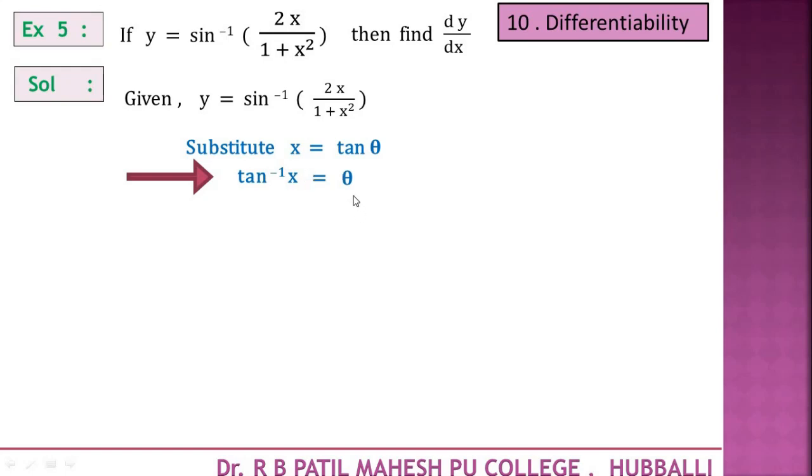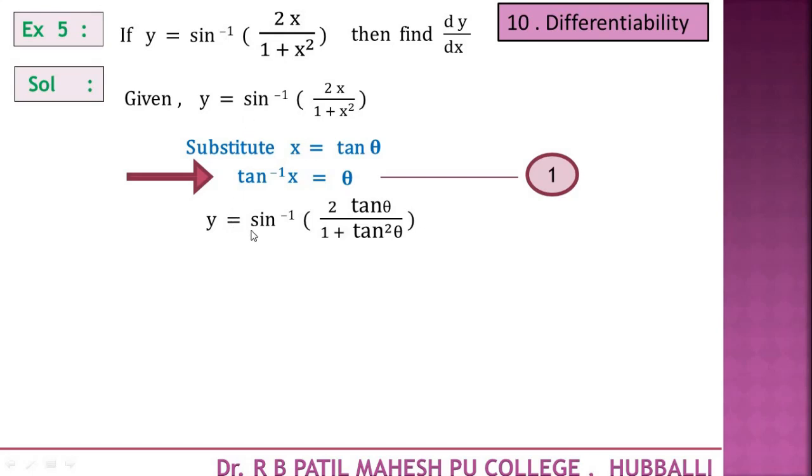This is required, you consider this as equation 1. At the end we have to replace this, so remember equation 1. Now let me replace in the given function. Therefore y becomes sine inverse of 2 tan theta divided by 1 plus tan square theta. So y is equal to sine inverse of sin 2 theta.